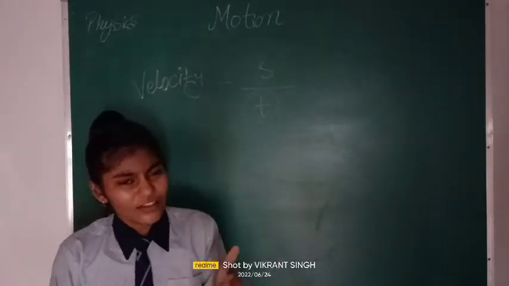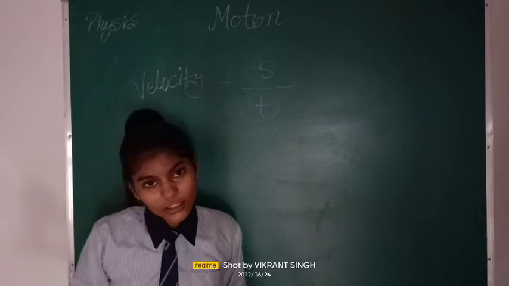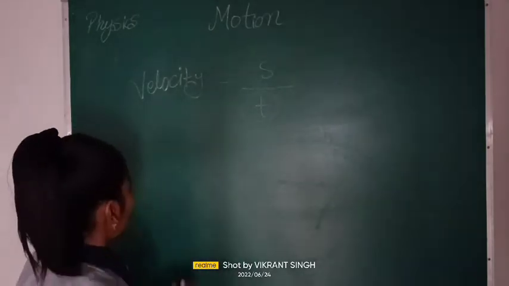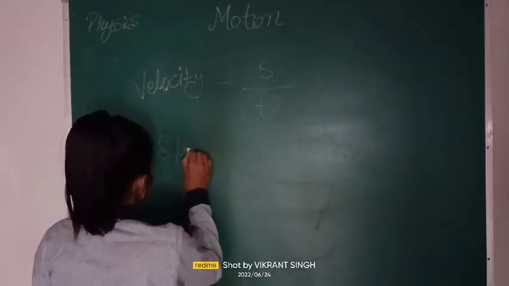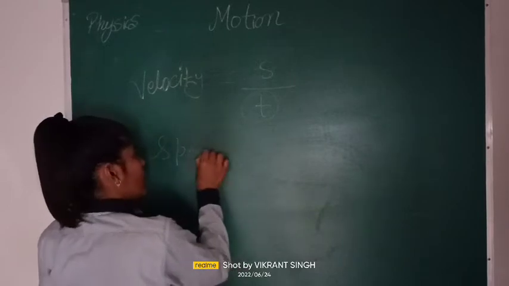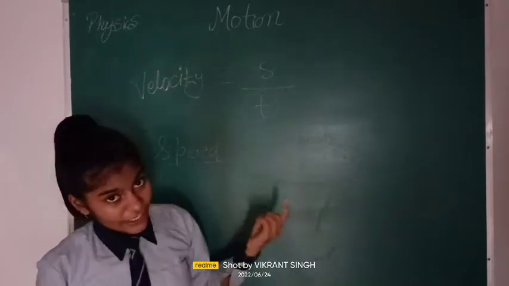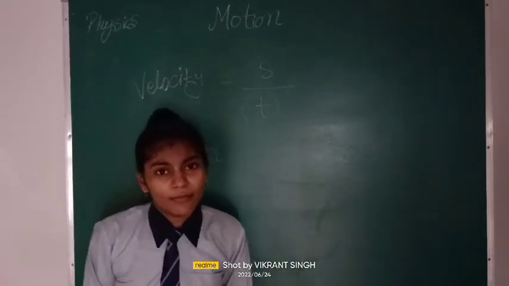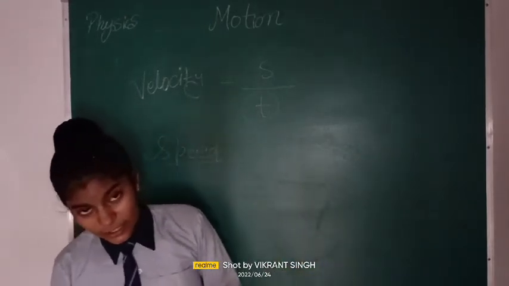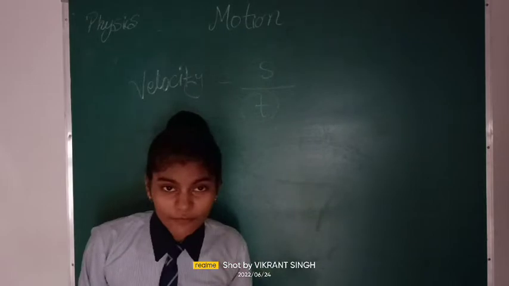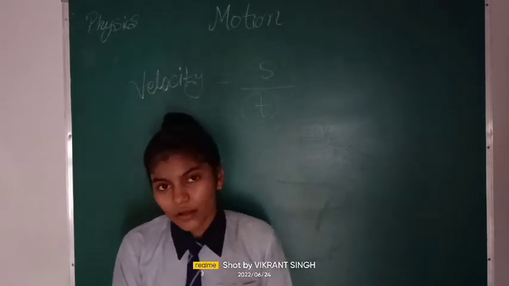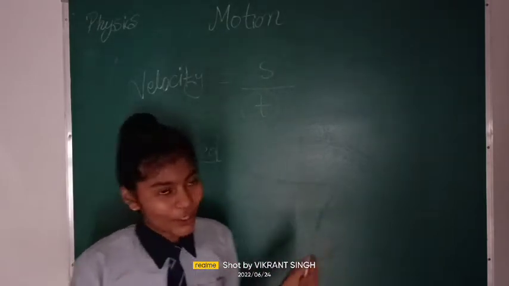Now with velocity, a similar term also came, that's speed. Speed, as we all know, is like the example of 5 meters per second, which means in 1 second we have covered 5 meters. It's distance upon time.